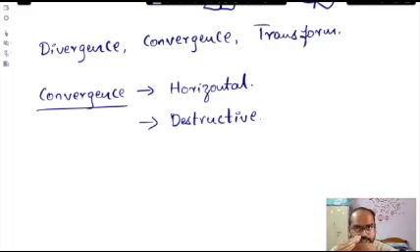We have talked about it in the previous class while explaining seafloor spreading. The denser plate will subside down, so we can see that there is a consumption of this plate. This lithospheric part subsides down. As there is consumption of this subsiding denser oceanic plate, we can say that convergence is destructive in nature.